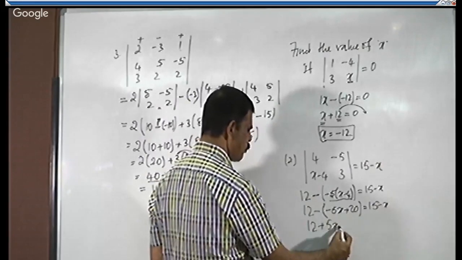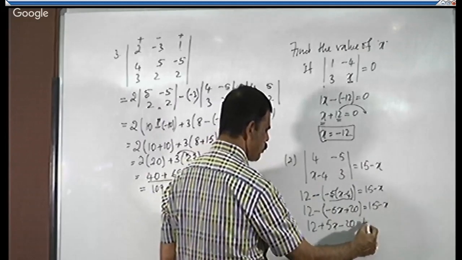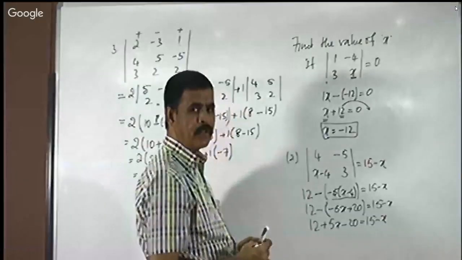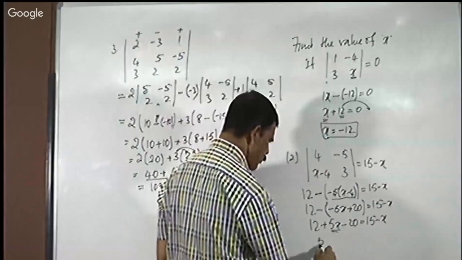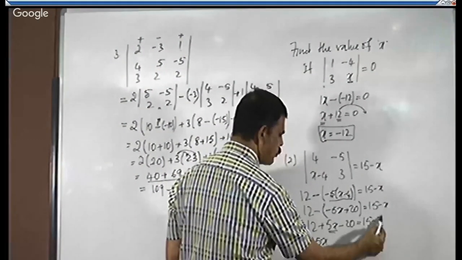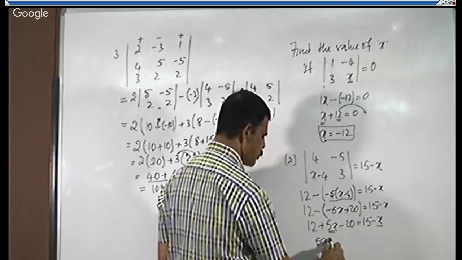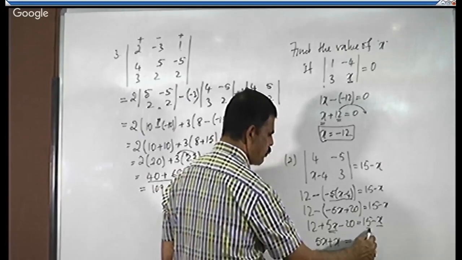Minus into plus minus 20 is equal to 15 minus x. Now collect all x terms to the left side. One is at the left side, you write first 5x. The other x is at the right side, you just transfer it to the left side, whose sign changes. So minus x becomes plus x is equal to, at the right side we have a constant.